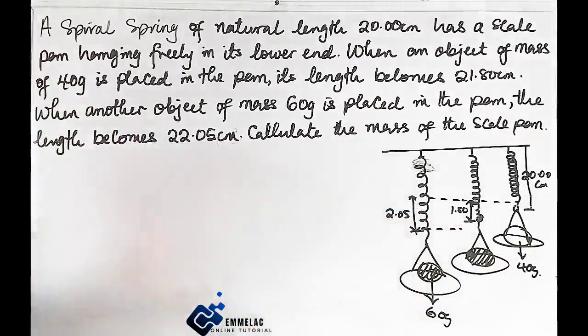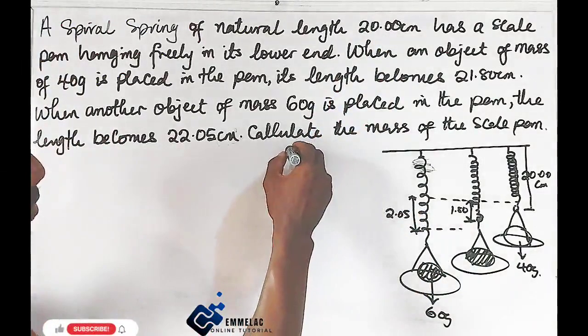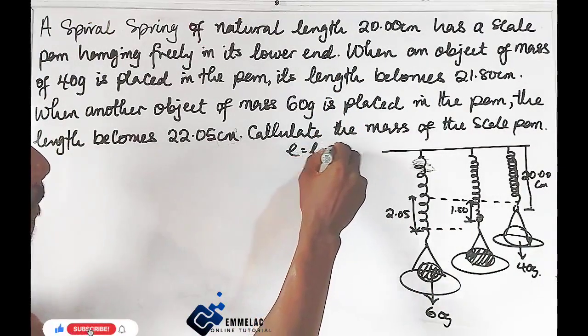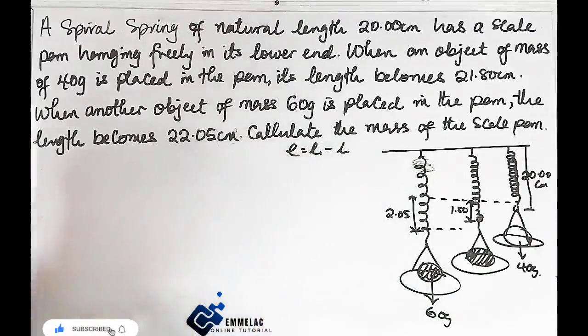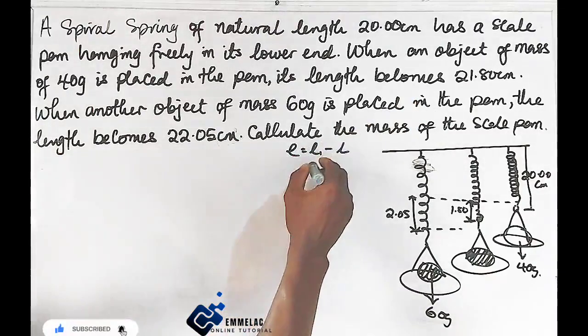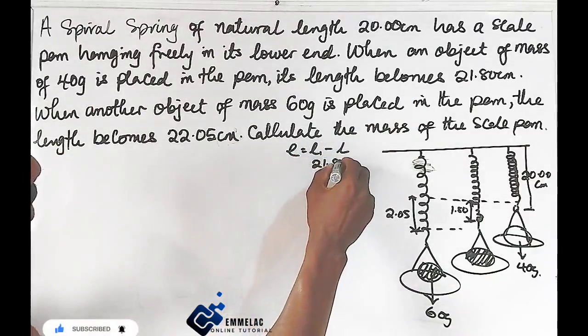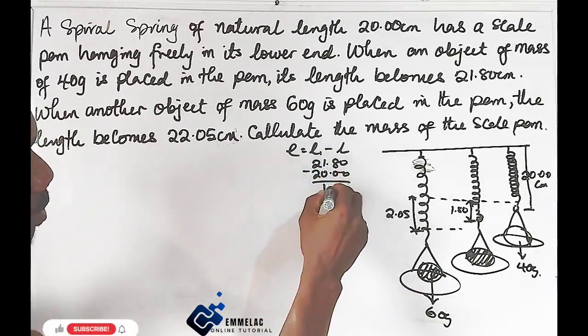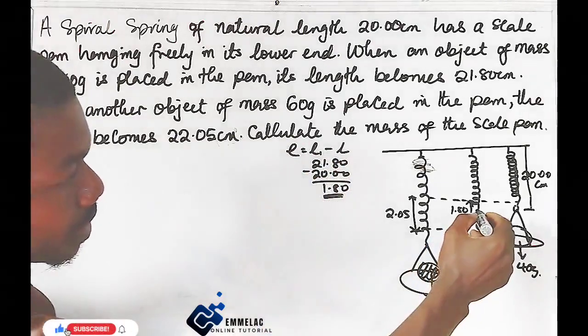And how do I get this? Now this is the original length. You know that extension equals the new length minus the original length, and the new length here is 21.80, then minus 20.00. This will give us 1.8, and that is for this.